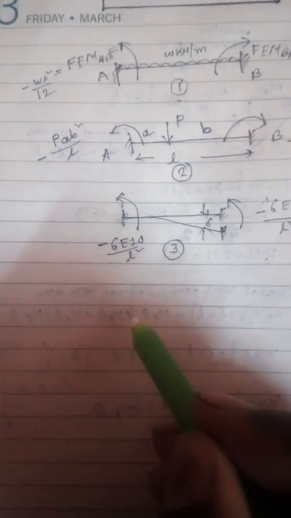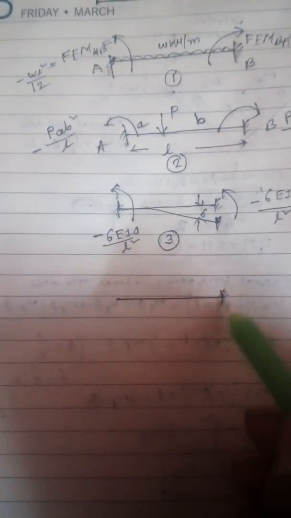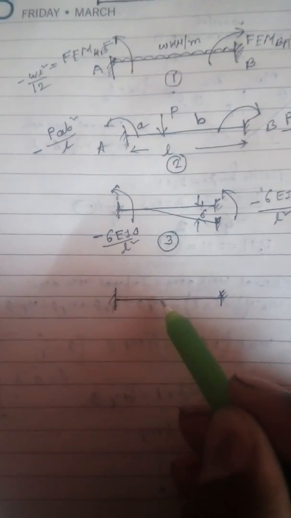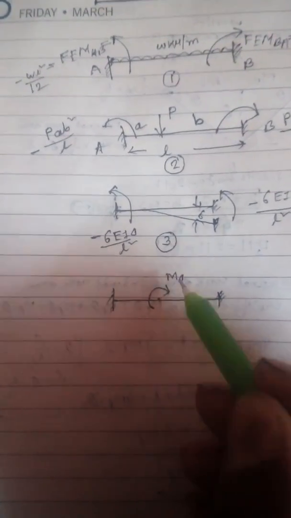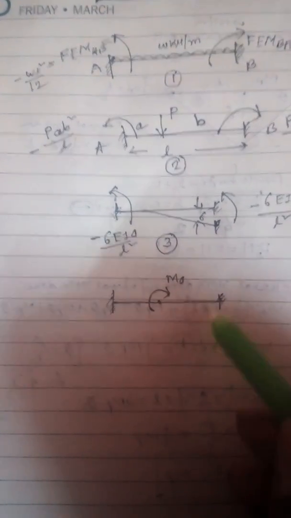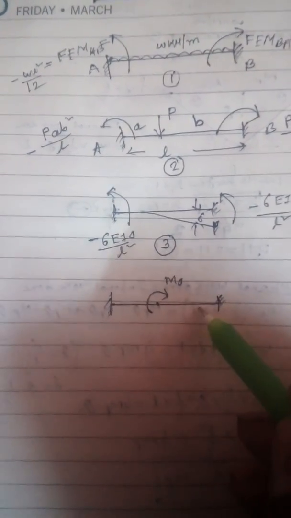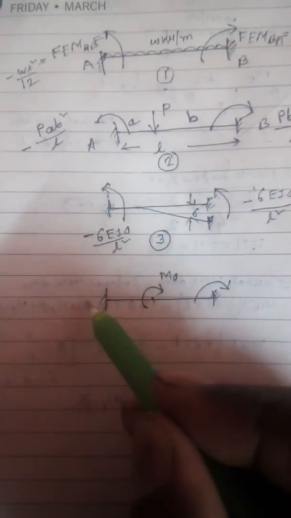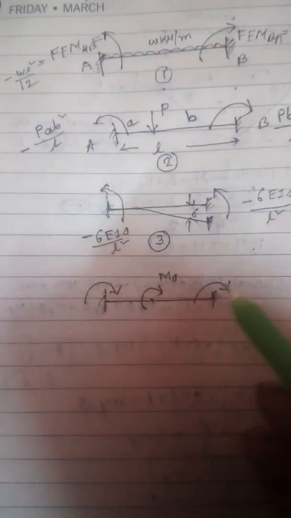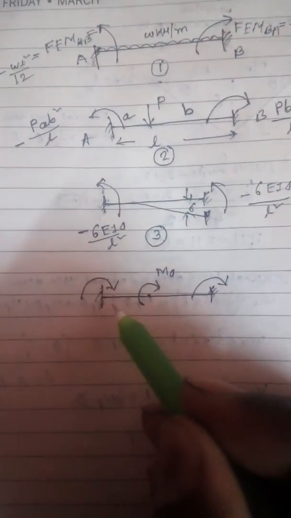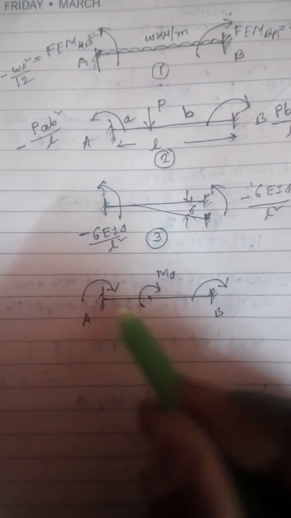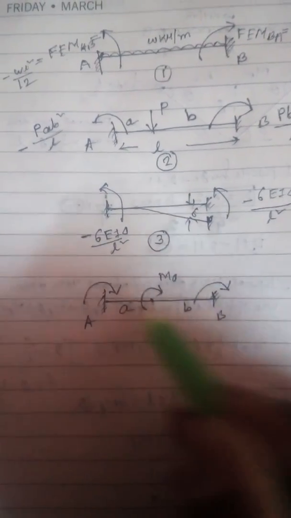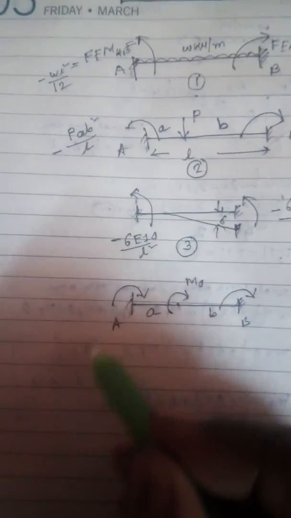Now case 4. Suppose it's a fixed beam and a concentrated moment M naught is acting on it. The moment is clockwise, so the value will be positive. Suppose it acts at a distance a from A and b from B. What will be the fixed end moments?